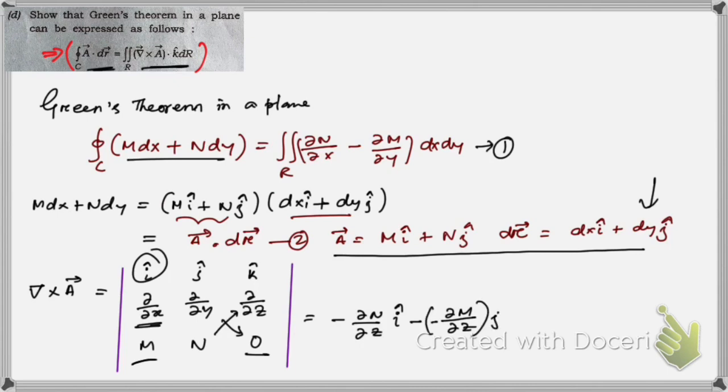Then plus k cap. For k cap, we can take del N by del x minus del M by del y, into k cap, right? That's what we get.